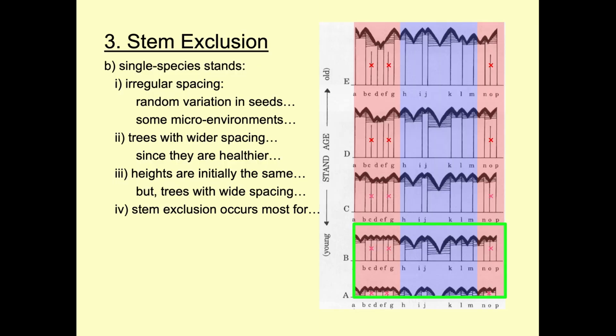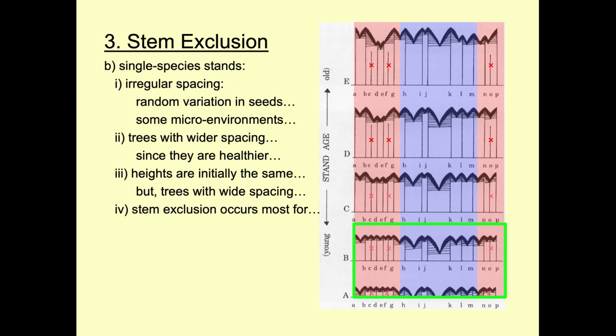So unlike the man-made single species stand I found in Chestnut Ridge, a single species stand that occurs naturally is going to have the following attributes. They're going to have irregular spacing for two reasons. First, simply by chance, some locations are just going to receive more seeds. Secondly, there is the microenvironment.